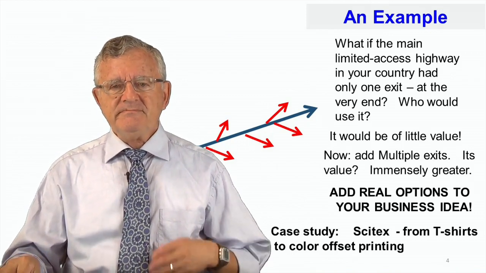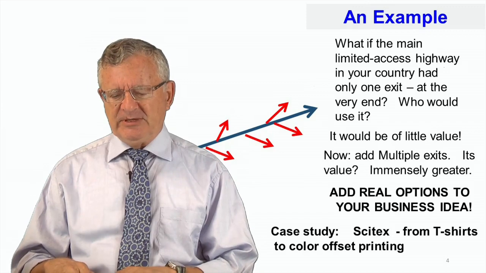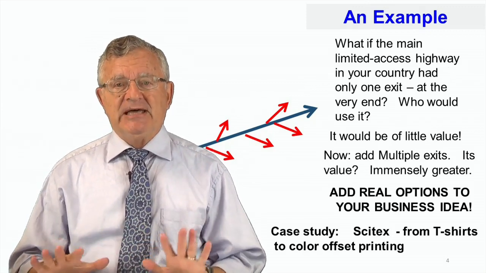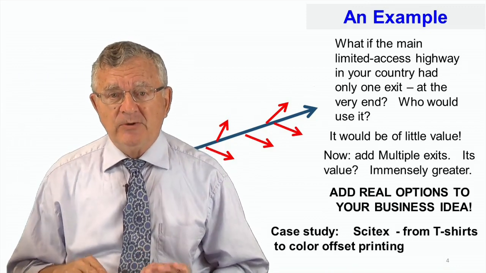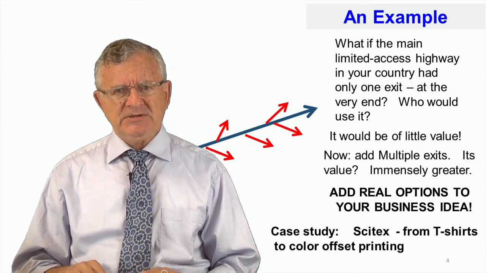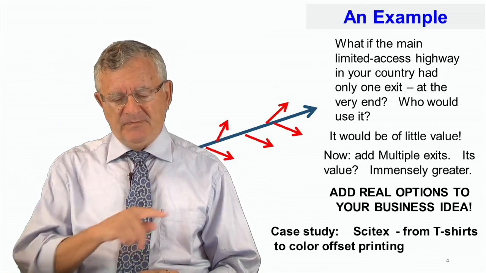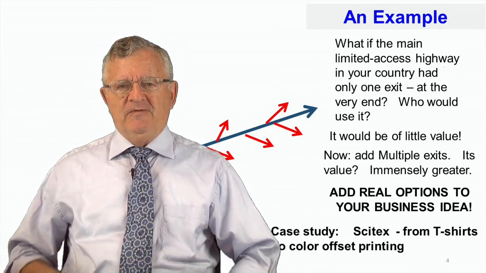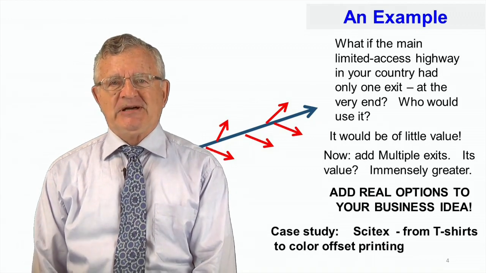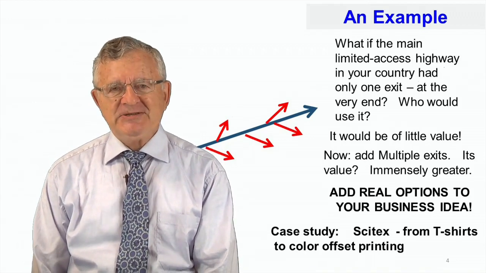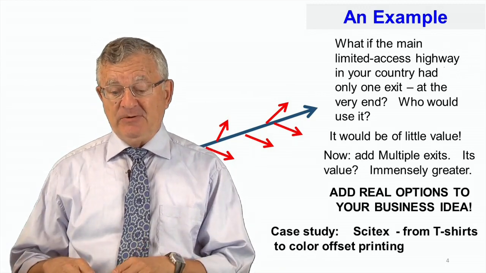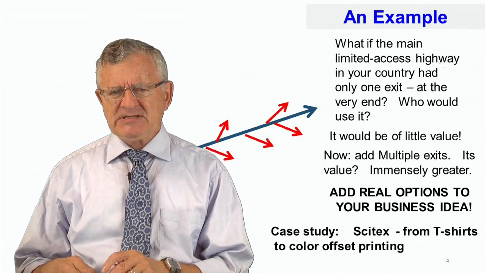So another way to think about the real options idea is to think about a limited access toll highway, a high-speed highway. Many countries have these, and they can take you very quickly from one place to another. Israel has a highway called Highway 6. It's a toll highway, 3 lanes on both sides in many places. Great highway, and it has lots of exits.